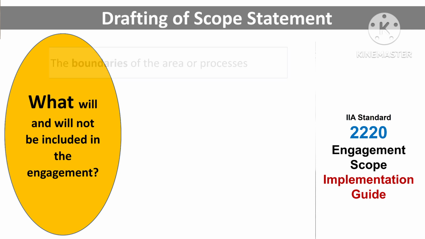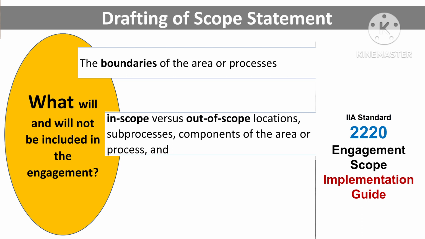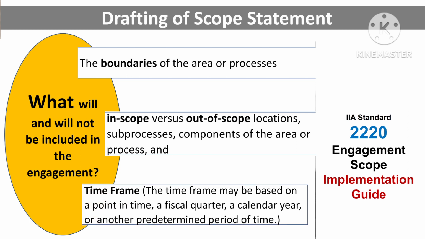So it includes the boundaries of the area or the process, in scope versus out of scope, locations, sub-processes, components of the area or process, and the time frame. The time frame may be based on a point in time, a fiscal quarter, a calendar year, or another predetermined period of time.